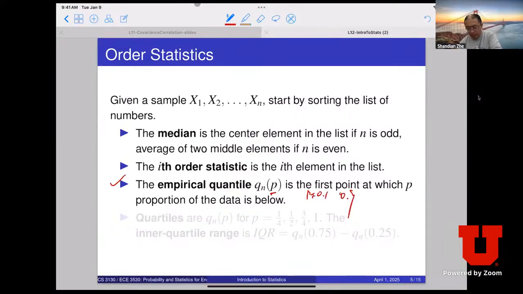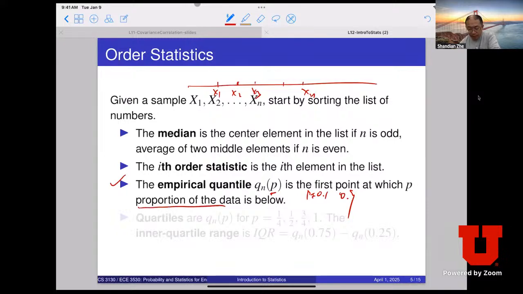It just means, if you sort those random variables X1, X2 through Xn, you want to look at which random variable has the P proportion of the data below it.